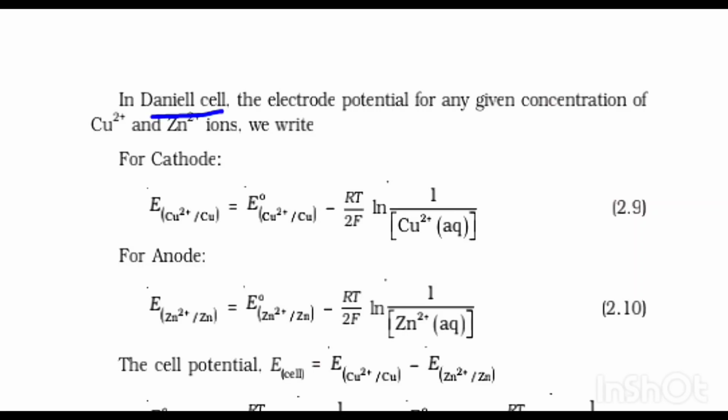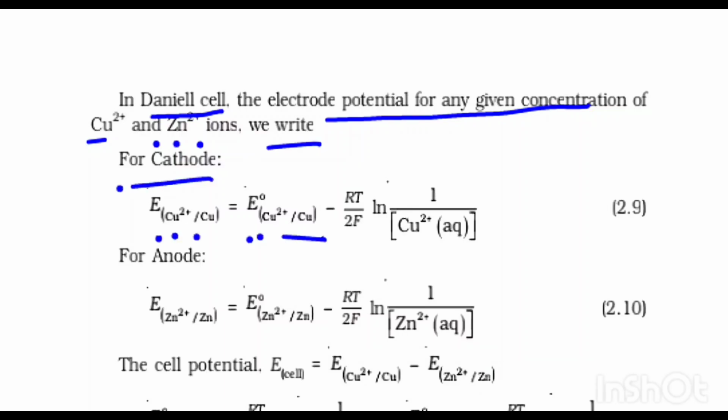In the Daniell cell, for the electrode potential at a given concentration of copper and zinc ion, we write for the cathode, E is equal to E naught copper minus RT by 2F ln 1 by copper ion in aqueous solution. For the anode, zinc, E is equal to E naught zinc minus RT by 2F ln 1 by zinc ion in aqueous solution.